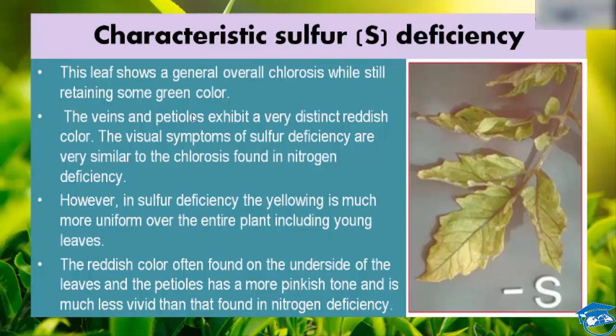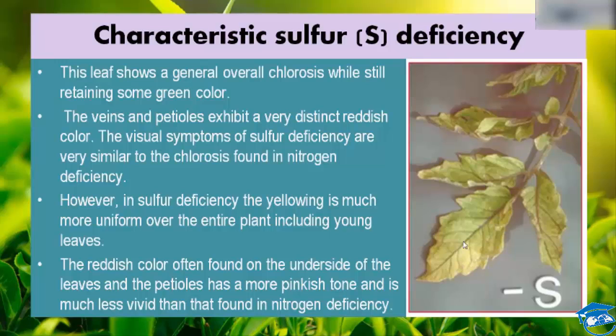However, in sulfur deficiency, yellowing is much more uniform. As you can see, yellowing is much more evenly spread over the entire part, including young leaves. The reddish color is often found on the underside of the leaf. That means if you see the lower part of this leaf, then you will observe the reddish color on the underside of the leaf, and the petiole has a more pinkish tone and is much less vivid than found in nitrogen deficiency.